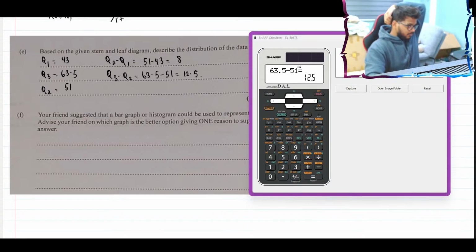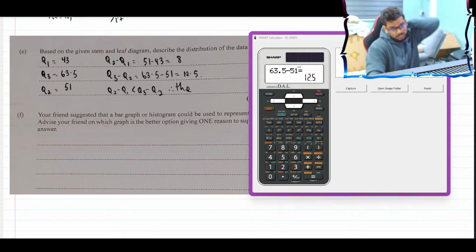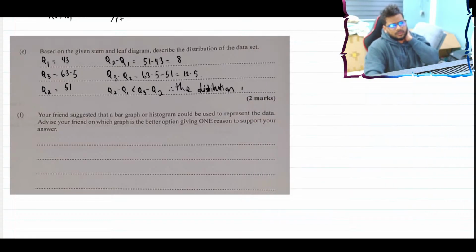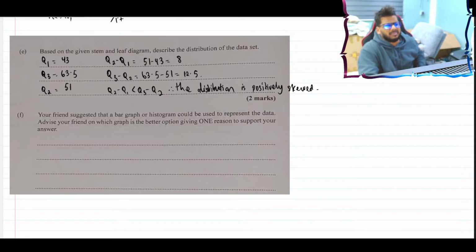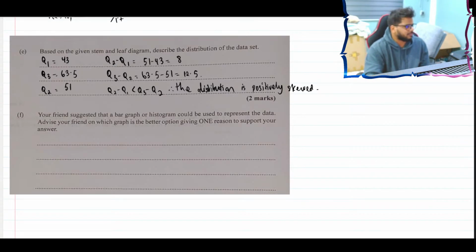So here we have Q2 minus Q1 is less than Q3 minus Q2, so the distribution is positively skewed. And I had plenty for 2 marks. But then again, they give you 4 marks for just substituting things inside, right?